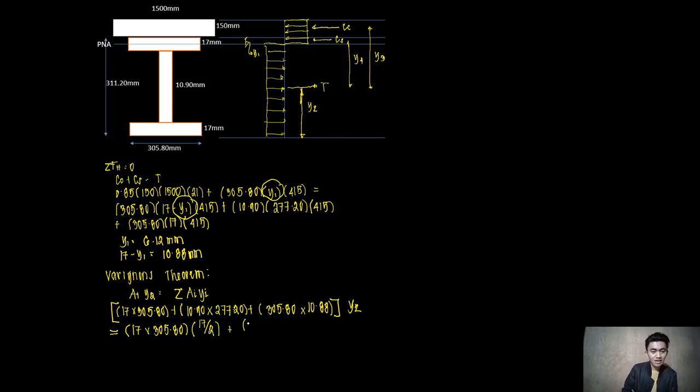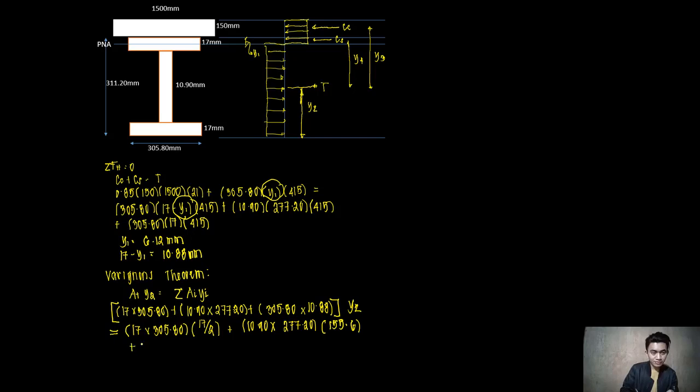Next, 10.90 multiplied by 277.20, the distance from its centroid to the bottom of our composite beam, so 277.20 divided by 2 plus 17 mm, which is 155.6.